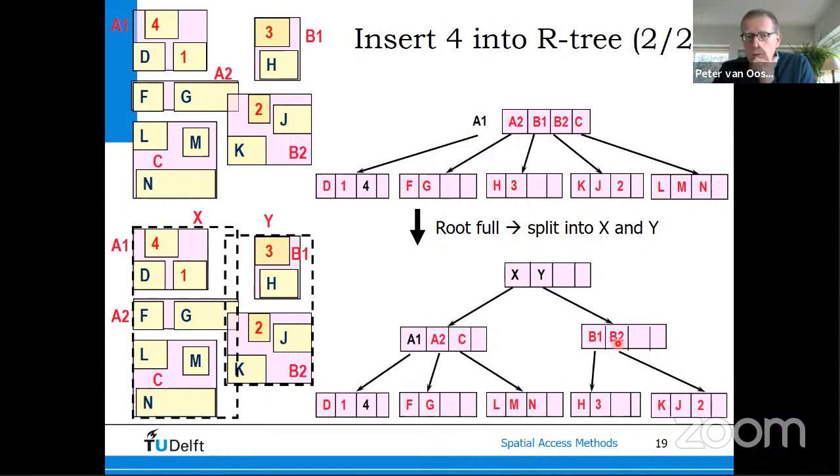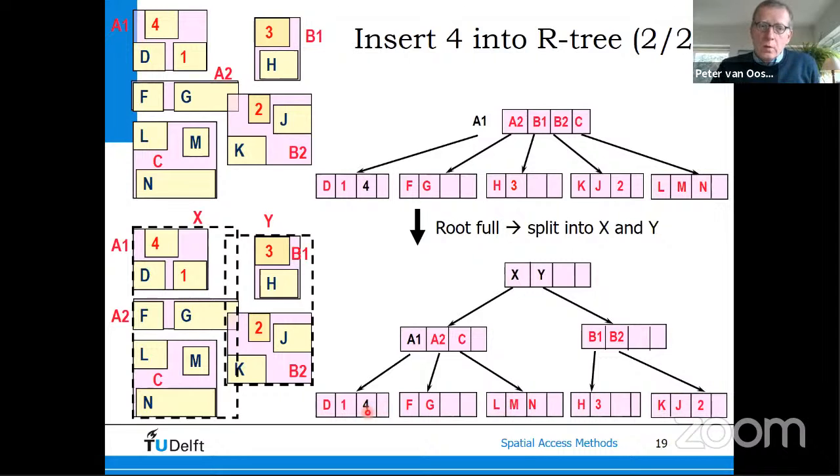And due to this insert of one object, all the leaf nodes did go one level deeper. So first they were at 2 levels deep, now they are at 3 levels deep from the top.